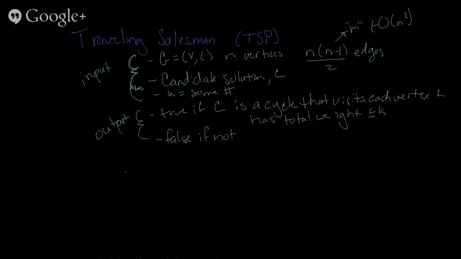And so all I want you to do is just think about what you need to know to figure out if this candidate solution C has these things. Well, first thing, is it a cycle? And there's an easy way to check for that, but I'll leave it to you to sort of figure out how to do that.